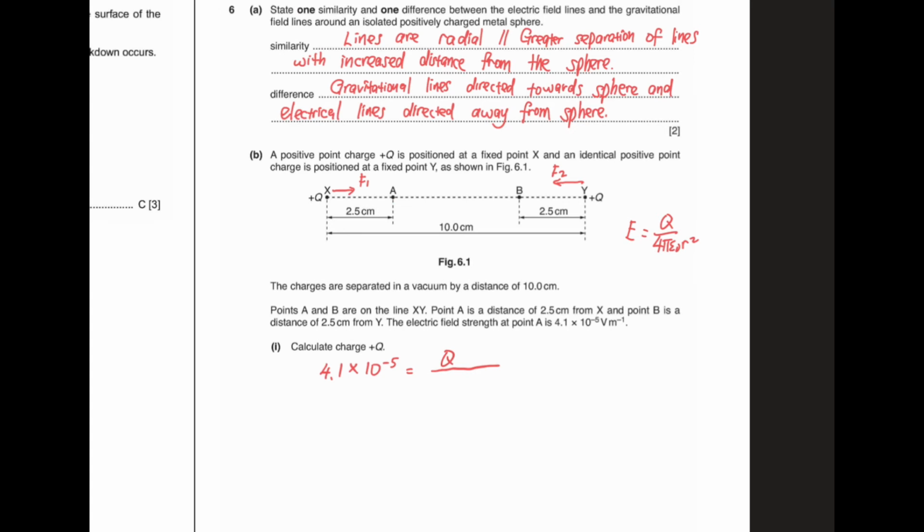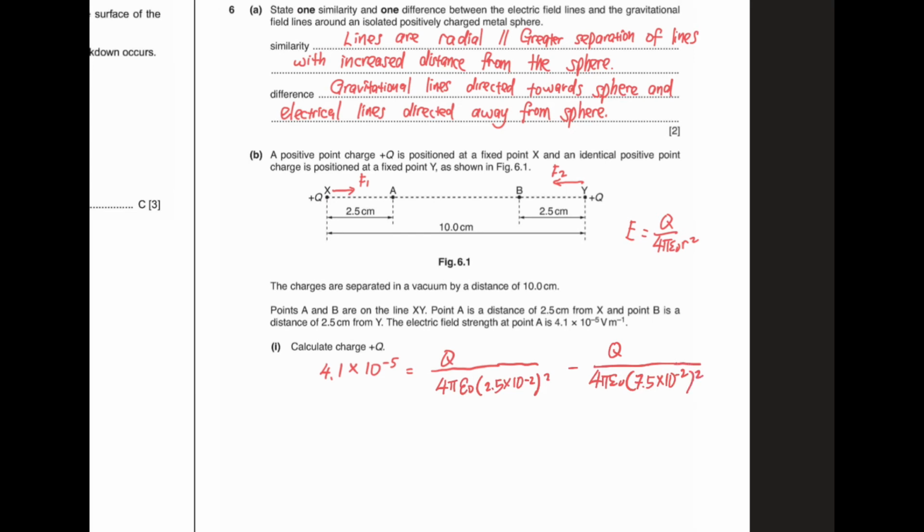Okay, so let's work it out. Q over 4 pi epsilon naught, the R is 2.5, minus Q over 4 pi epsilon naught. The second fraction here is for point Y, so it is 7.5 cm away from point A, so that's why I put 7.5.